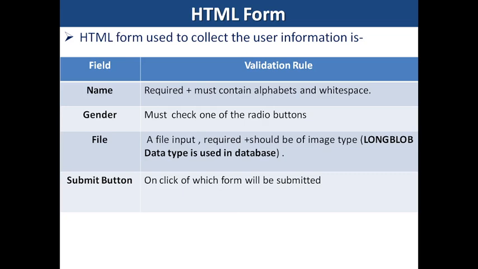The long blob data type will be used in the database. And the submit button: on clicking that button, the form will be submitted to the database. So we need to create a table in the database which will hold this information.